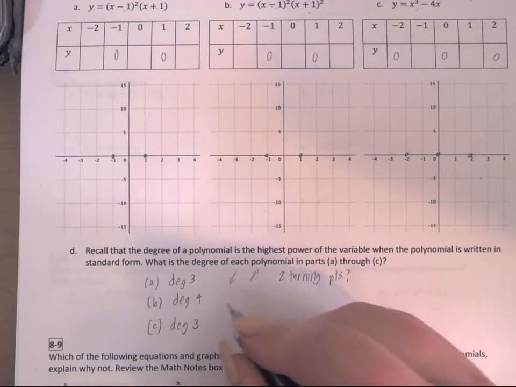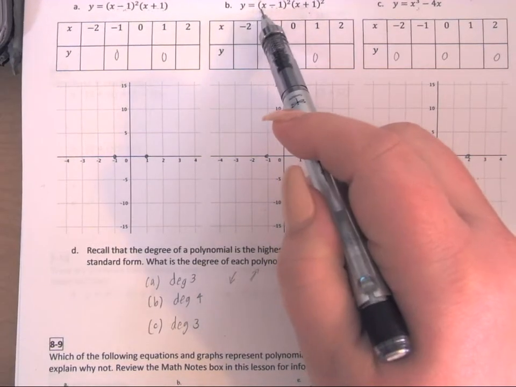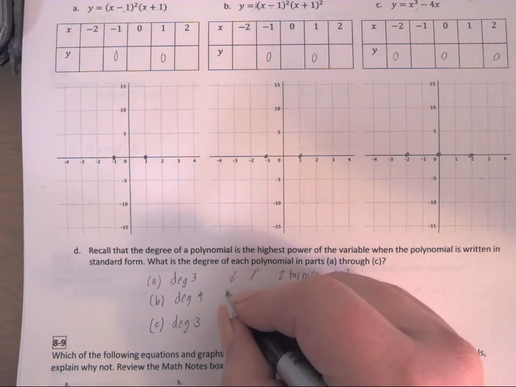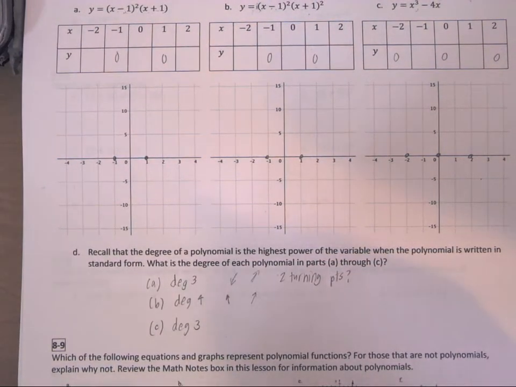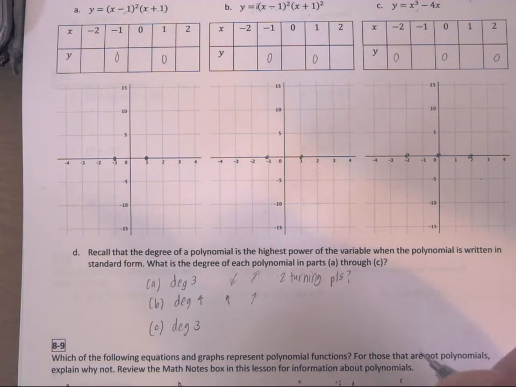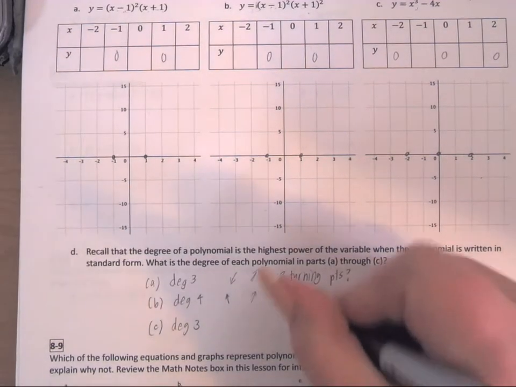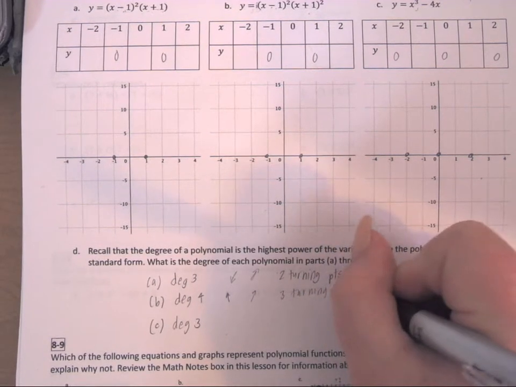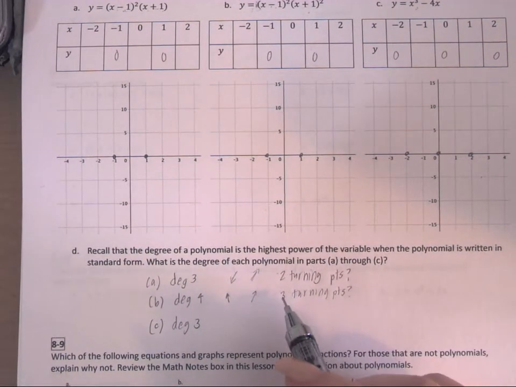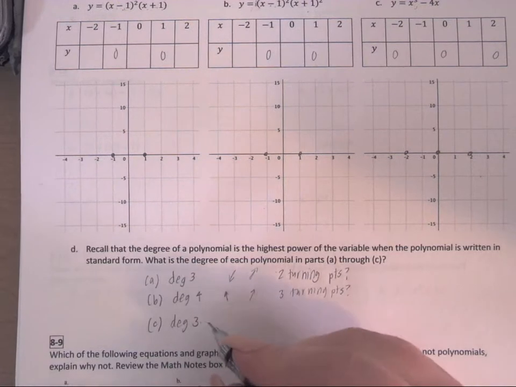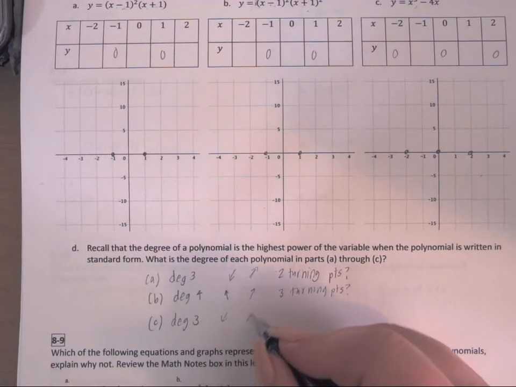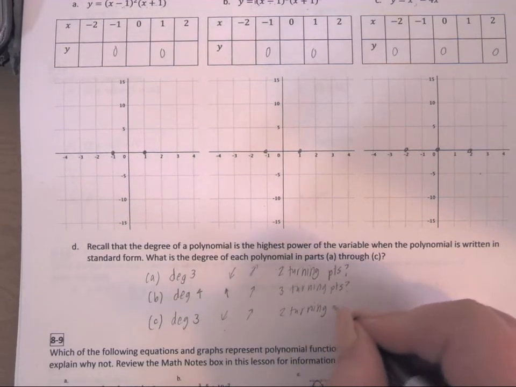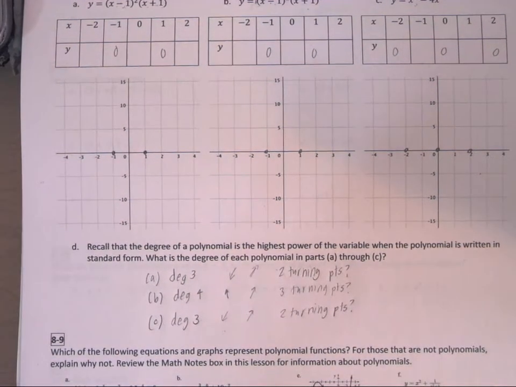Degree 4, and since the leading coefficient is positive, there's a positive 1 here, it's going to look like this, and it's going to have possibly 3 turning points. The turning points are always 1 less than the degree. And then degree 3 is the same as before.